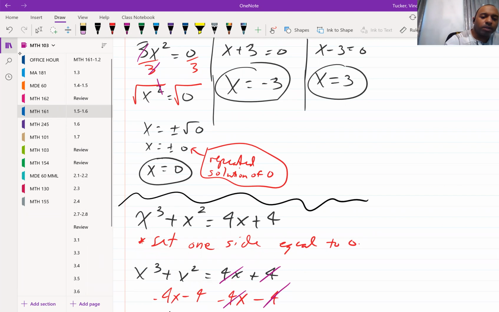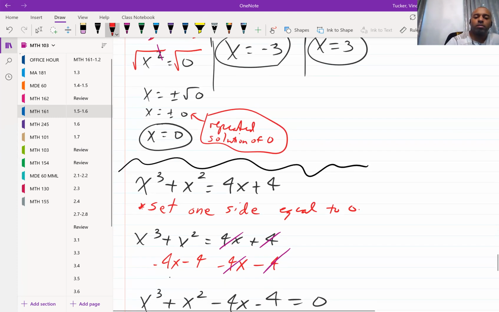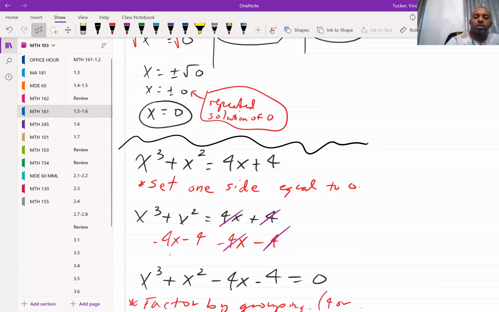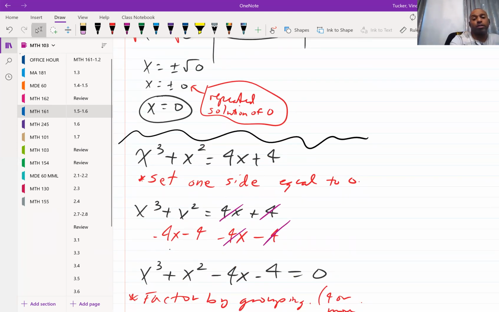And once again, we're going to set one side equal to 0. So subtracting 4x and subtracting 4 from both sides cancels 4x and 4 on the right, leaving me with 0. And on the left, x cubed plus x squared minus 4x minus 4 equals 0.